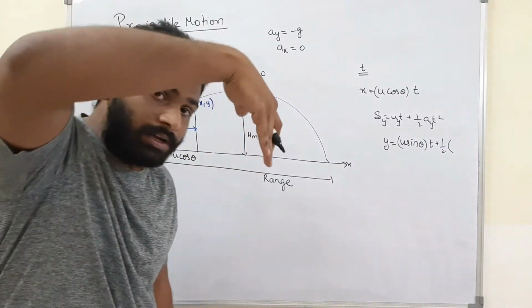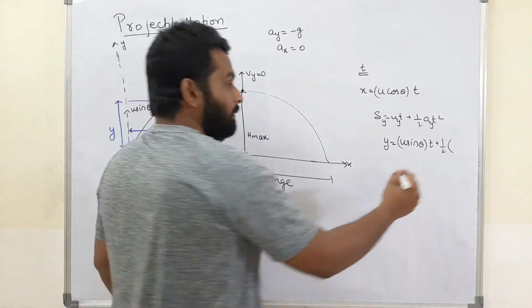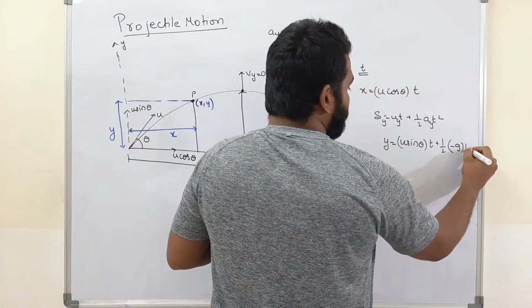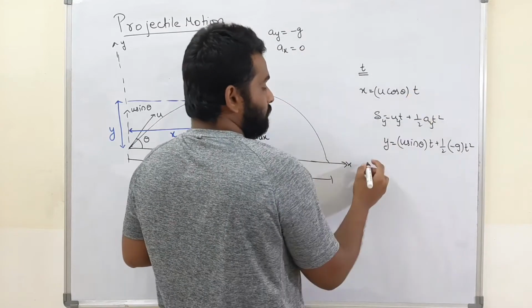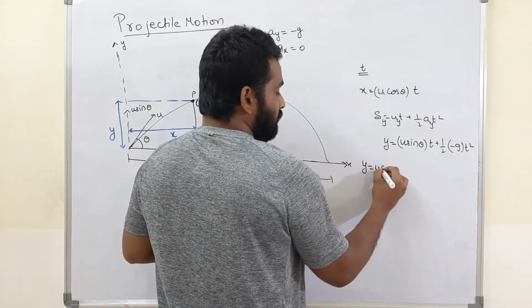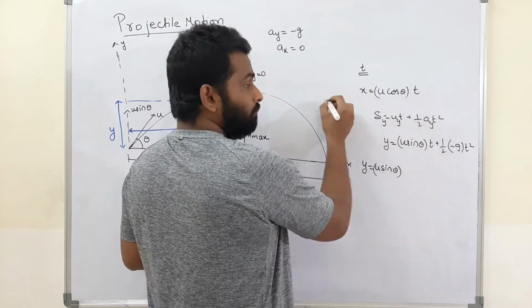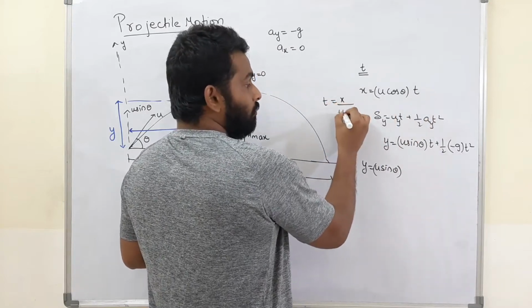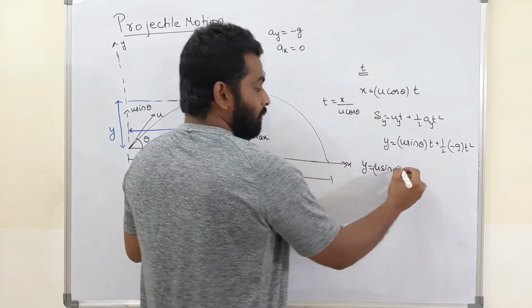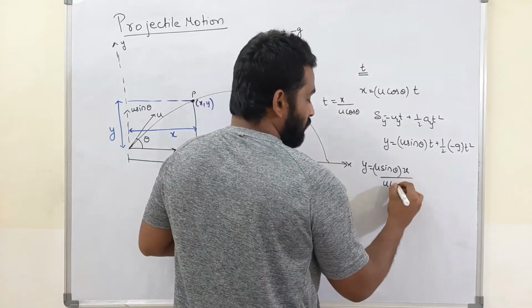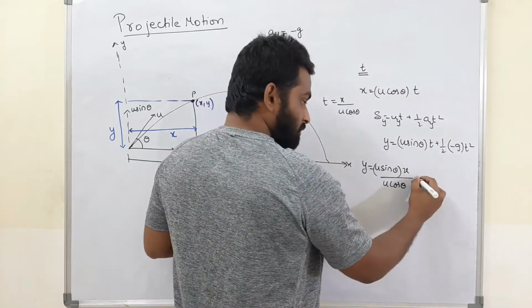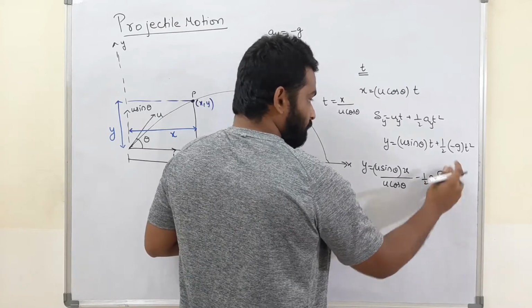The acceleration in the vertical direction is acting downwards. Therefore, minus g t square. Now, from here, what is t? y is equal to u sin theta. Now, what is t? t is nothing but x by u cos theta. Now, keep it here. x by u cos theta minus half g t square.